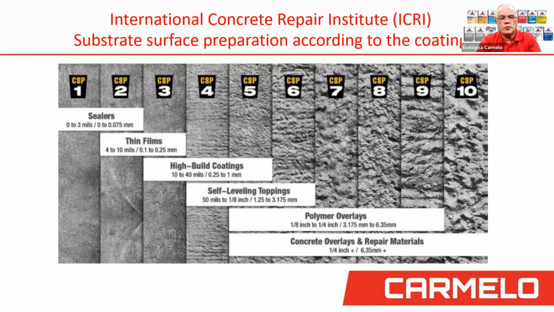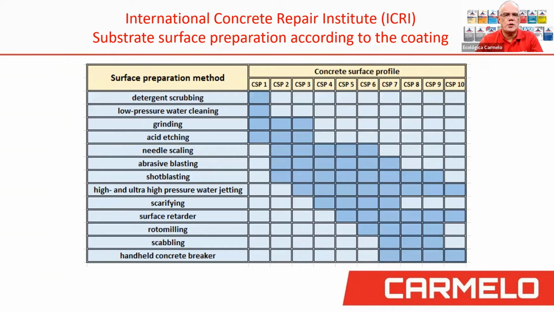Or if you're doing a concrete overlay and repair of 1/4 inch and above, then you have to prepare your surface to have a CSP of, let's say, 1 through 10. So how do you do that, a concrete surface preparation from 1 to 10?